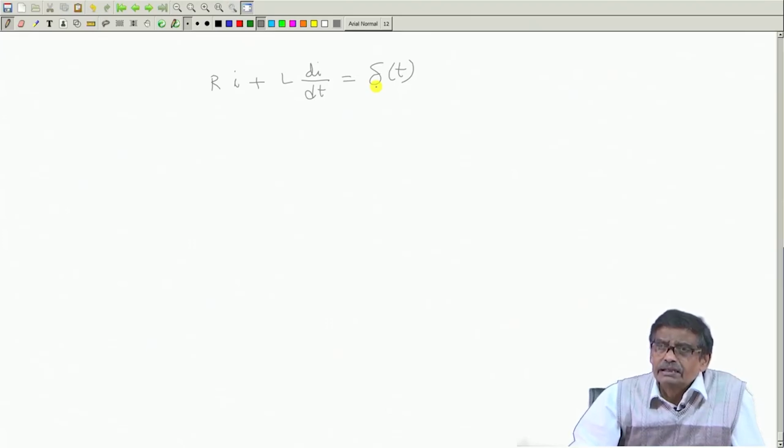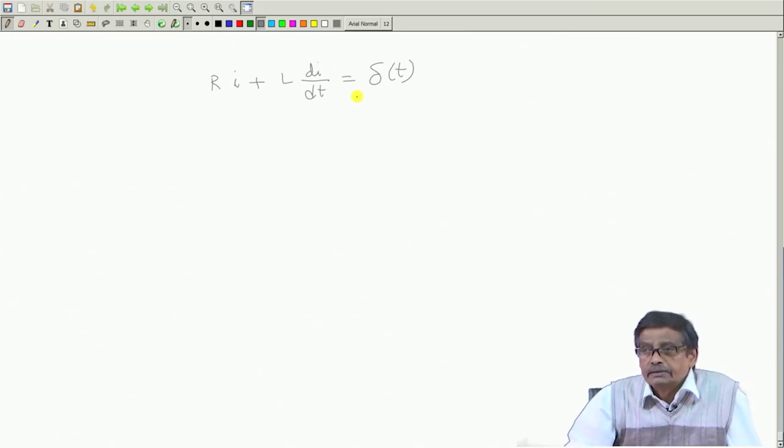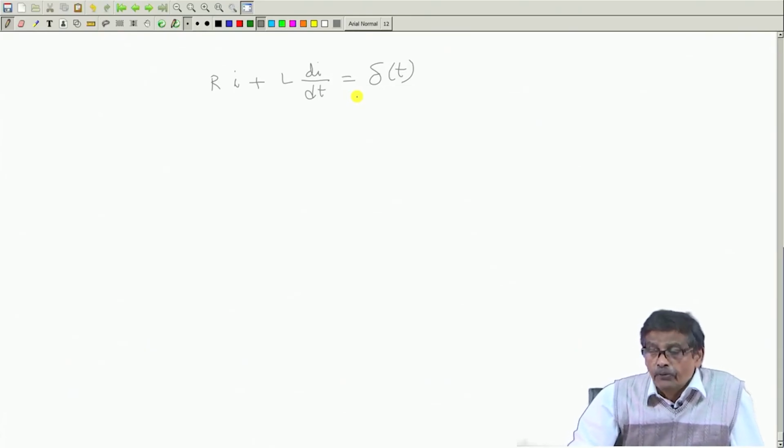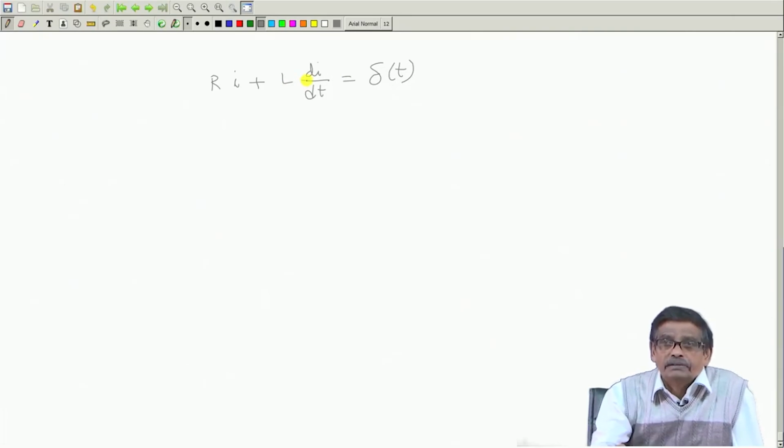Maybe the response of the current is also an impulse, who knows. If the response of the current is an impulse, then d dt of delta t, delta dot t, will also appear on the left hand side. So, how can it balance the right hand side? Therefore, a step change of current has to take place, so that di dt becomes an impulse.